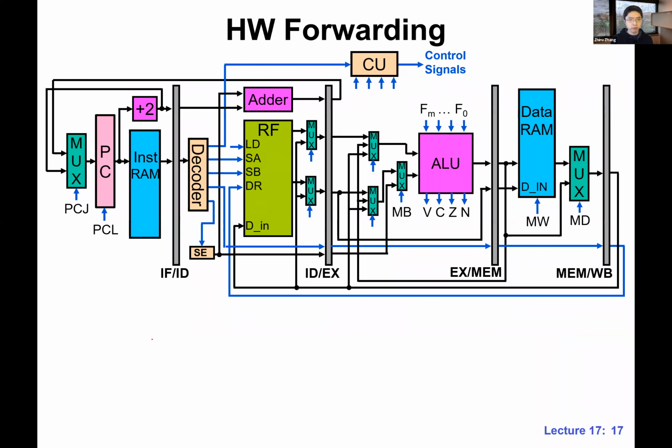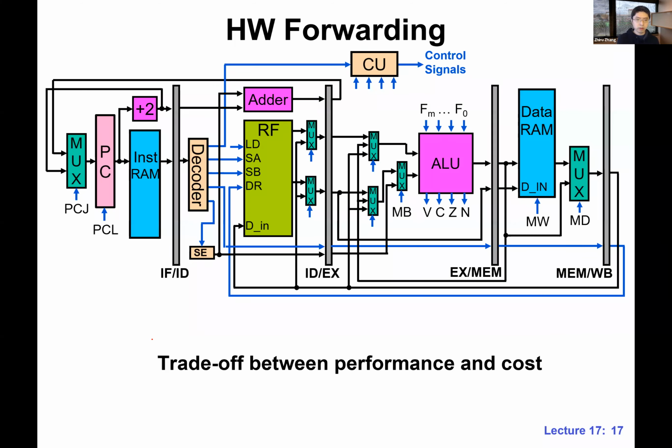So this is basically what we have with the hardware forwarding. Actually, I was planning to talk about the trade-off between performance and cost, but I think some of you already raised this question early on. If you look at the new hardware, indeed, we are increasing the delay in the EX stage, and also in the ID stage. So in the end, we have to look at this whole thing holistically.